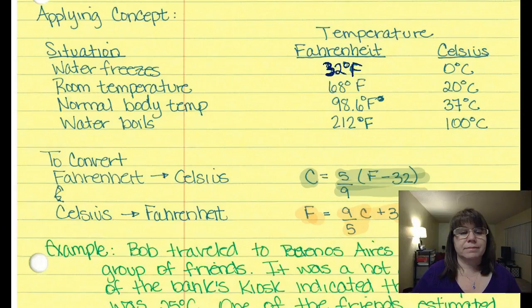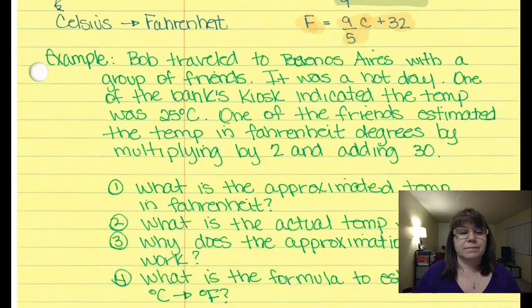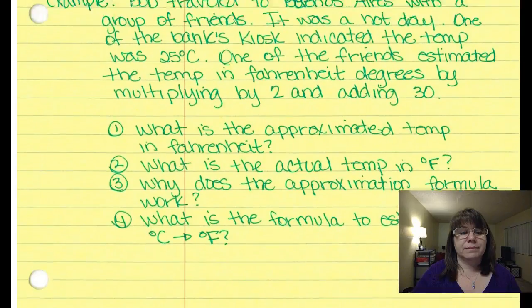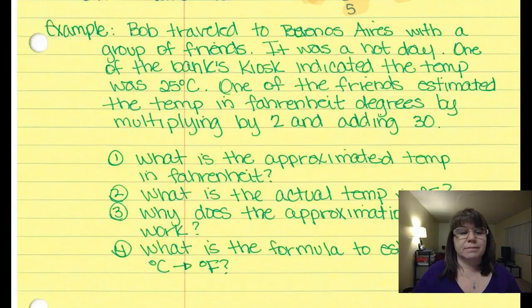There is a way that we can approximate this. The true formula is a little cumbersome, and there is a way to estimate it. So let's say our friend Bob travels to Buenos Aires with a group of friends, and it's a hot day. One of the bank's kiosks indicates the temp is 25 degrees Celsius.